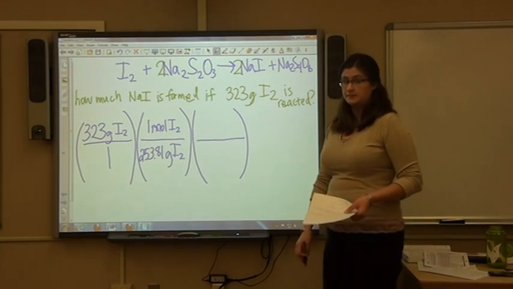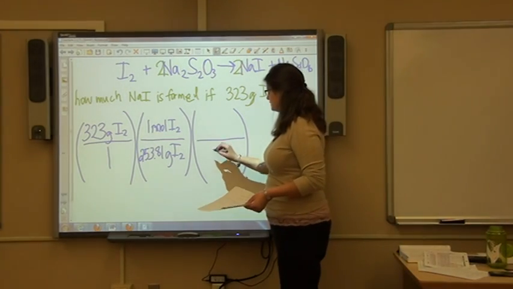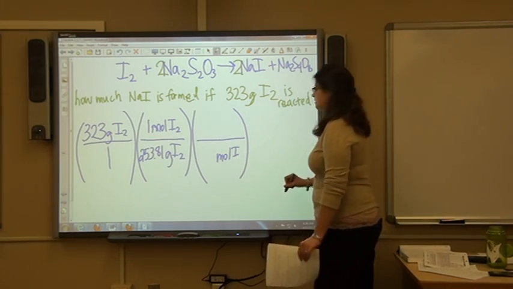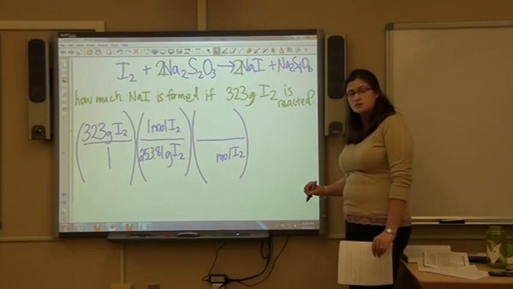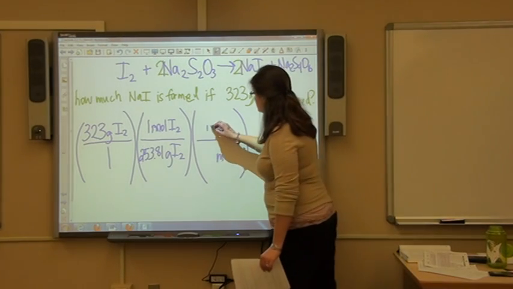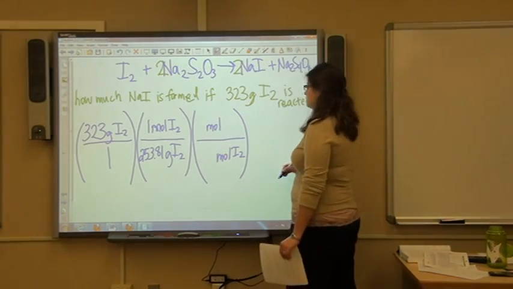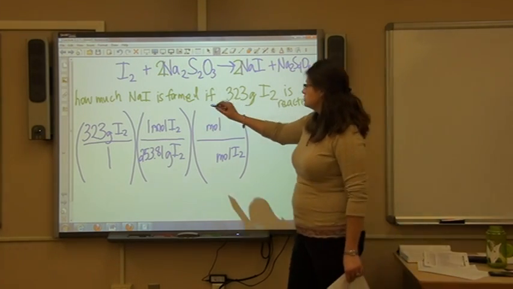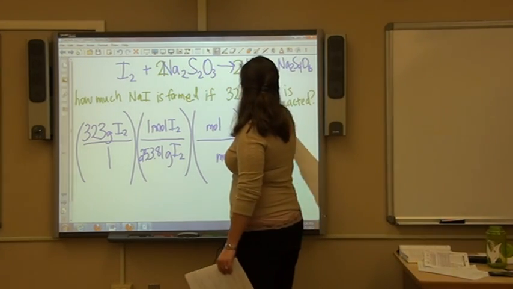Here's your tricky step. You have to cancel out moles of I2. What's the substance that you put on the top? You need moles of something. What's it going to be moles of? It's not I2. It's not this thing. It's not that thing.